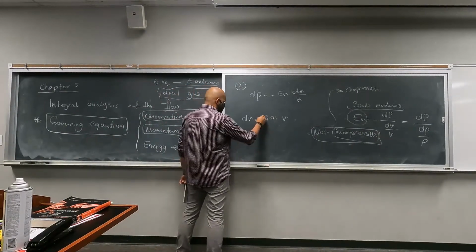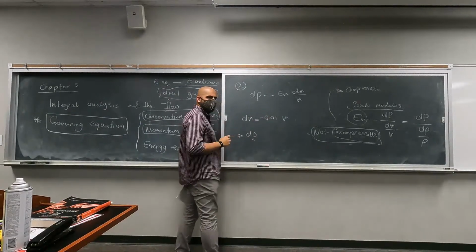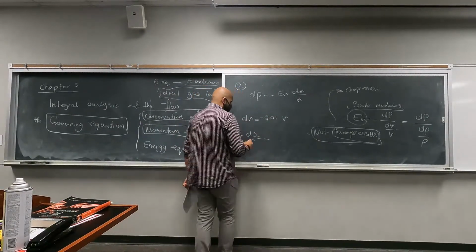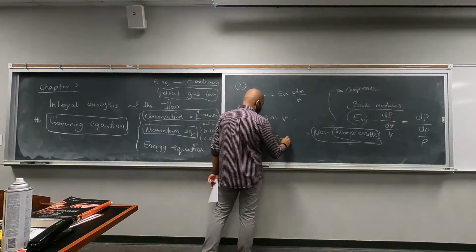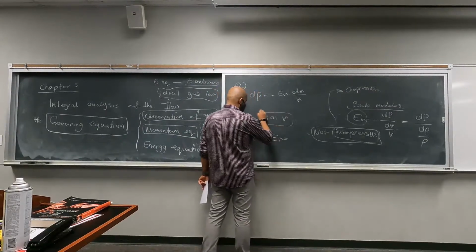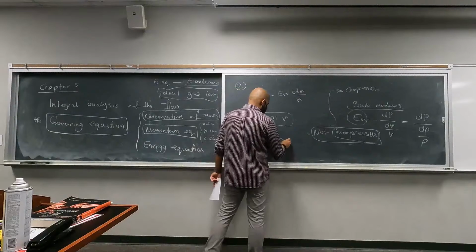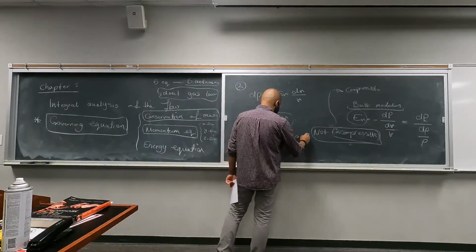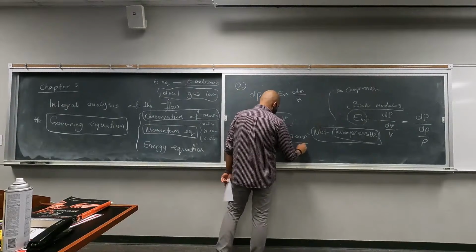And the volume is going to reduce, so negative 0.01 or whatever, right? So dP equals negative E_V; we're going to substitute this for dV, divided by V.